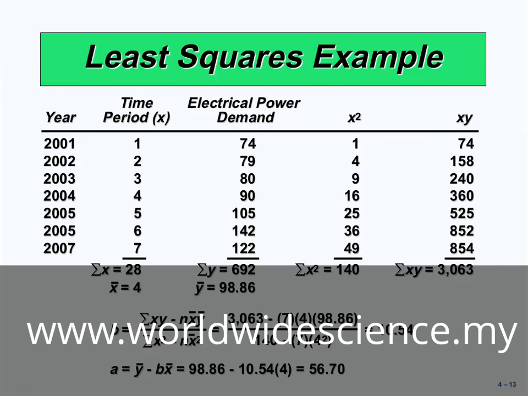Divided by sigma x to the power of 2, we calculated 140, minus n, 7, times x bar to the power of 2. X bar became 4. 4 to the power of 2 is 16. If you calculate this formula, b is 10.54.